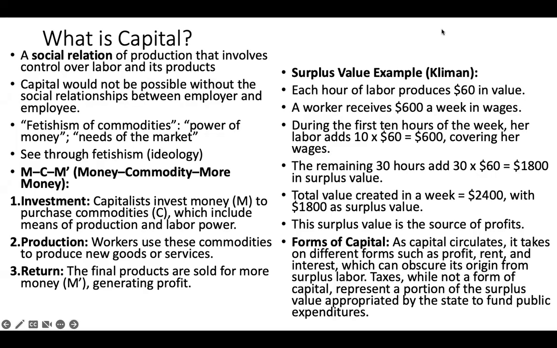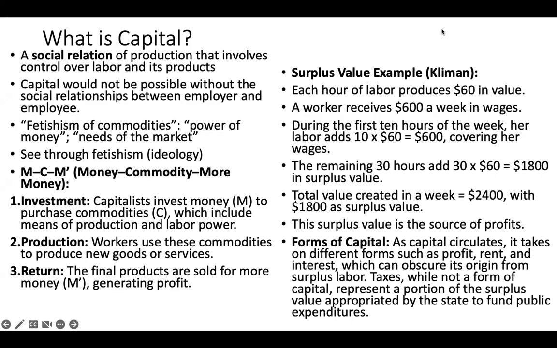Capital also takes on different forms. Part of it is profit kept by the capitalist. Part of it becomes rent that the capitalist pays to a landlord, assuming that the capitalist doesn't own the land. If it's a factory, it's paying a rent to a landlord, somebody who owns that land. If the capitalist takes out loans from a bank, it's paying interest on its loans and things like that.